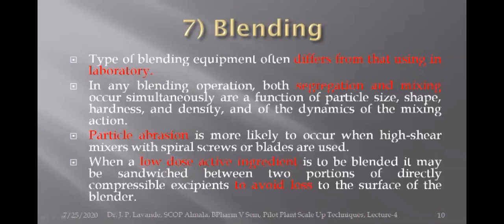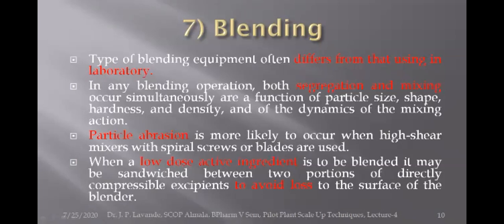Particle abrasion is more likely to occur when high shear mixers with spiral grooves or blades are used. When a low dose active ingredient is to be blended, it is to be sandwiched between two portions of directly compressible excipients to avoid loss to the surface of the blender.